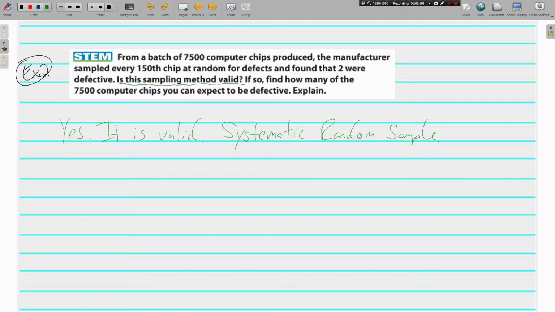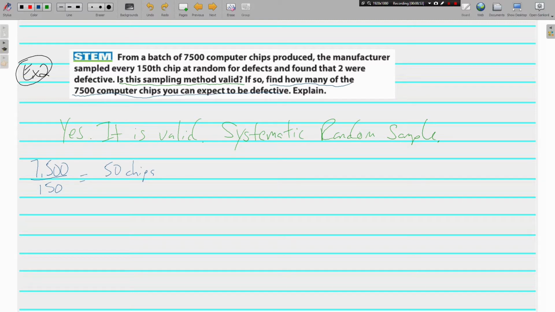Now, the next part of this, if so, which it is, find how many of the 7,500 computer chips you could expect to be defective. Well, the first thing I'm going to do, if there were 7,500 computer chips total, and they looked at every 150th, well, that's going to come out to 50 chips. 50 chips that they looked at out of the 7,500.